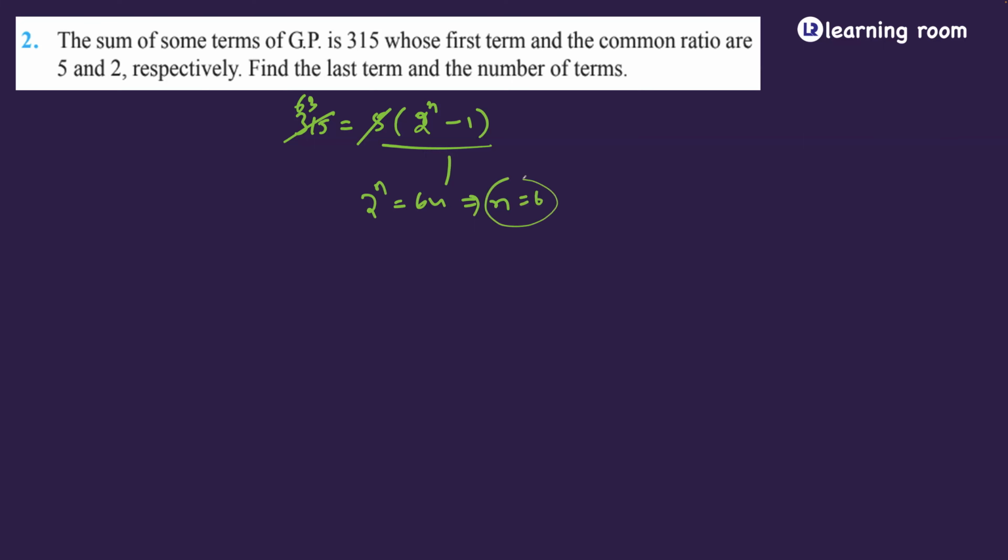So they're asking what is the last term. A6 is what they want. What is A6? 5 into R power 5. So 2 power 5 is 32, and 32 into 5 is 160.